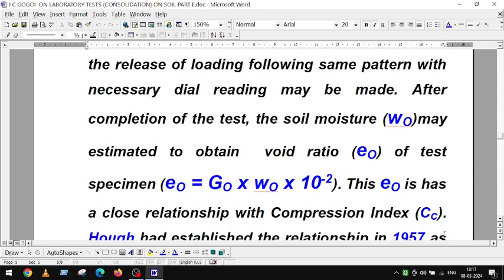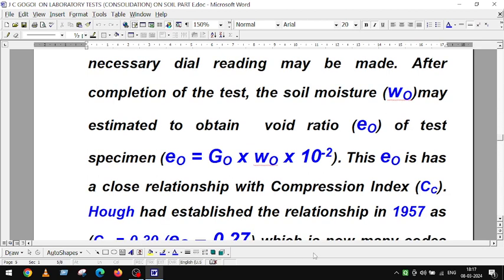This e0 also has a close relationship with compression index. Huff had established the relationship in 1957.